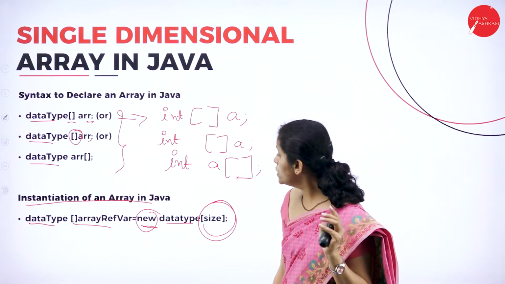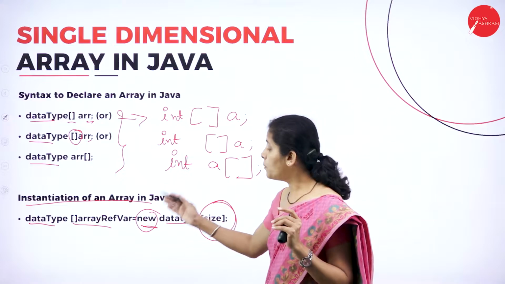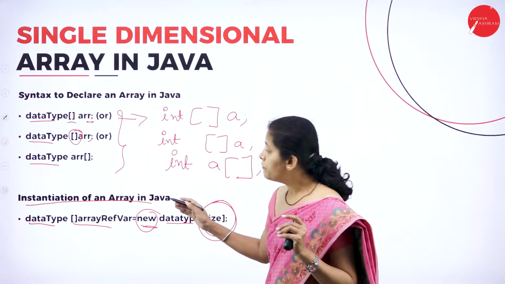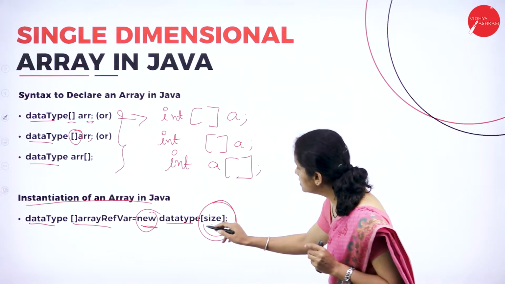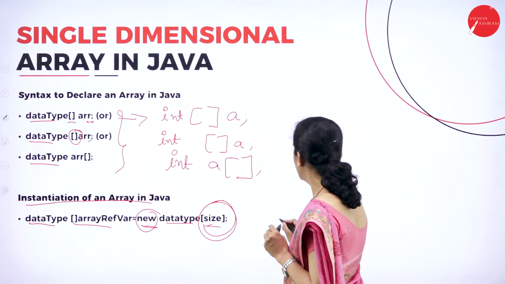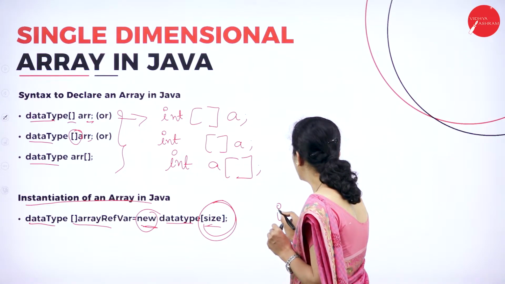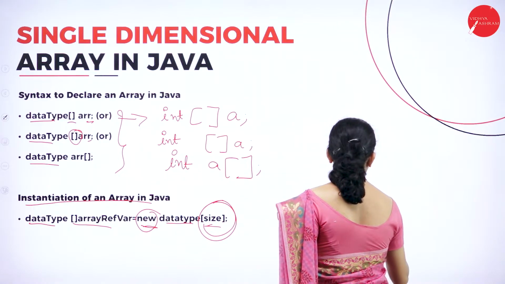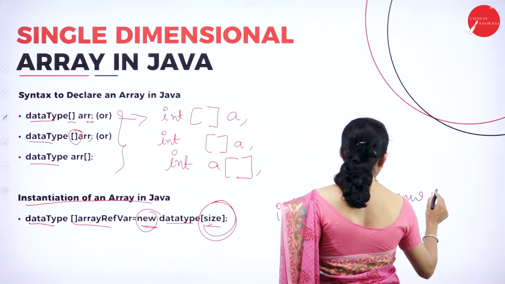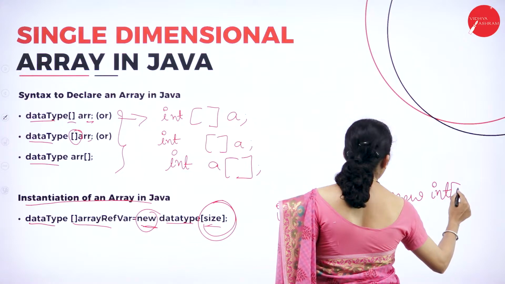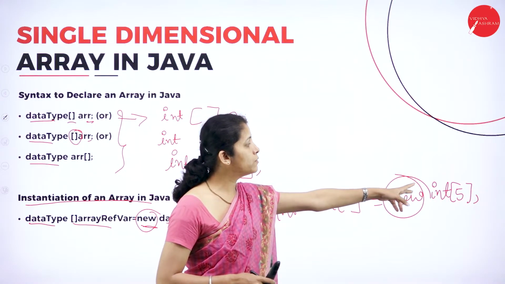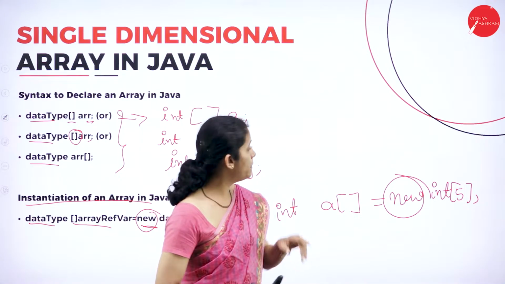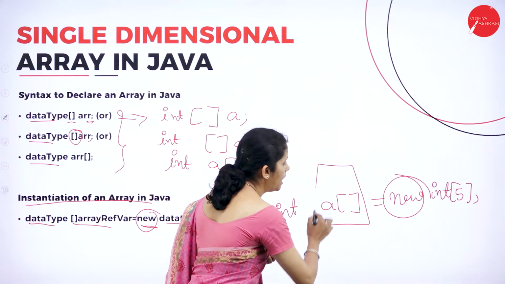When I call new, this new operator is responsible for allocating the memory for this array, and this is the size. For example, int array name equal to new int of 5. The size is 5. Then what is the size of an integer? It is 2 bytes. 5 into 2, that's 10 bytes allocated for this array.